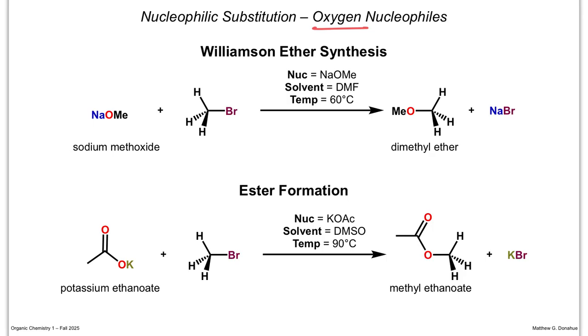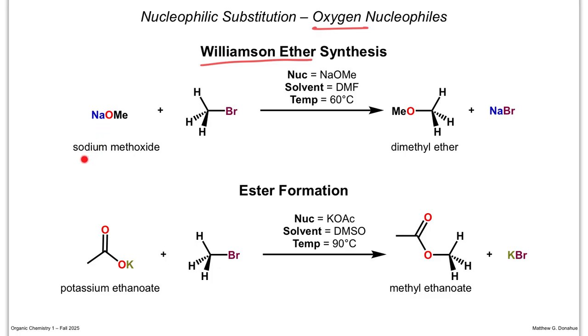Probably the most famous name reaction for Organic Chemistry 1 students everywhere is the Williamson ether synthesis. And this is where things can get tricky and why I've designed the class in the manner which I have.